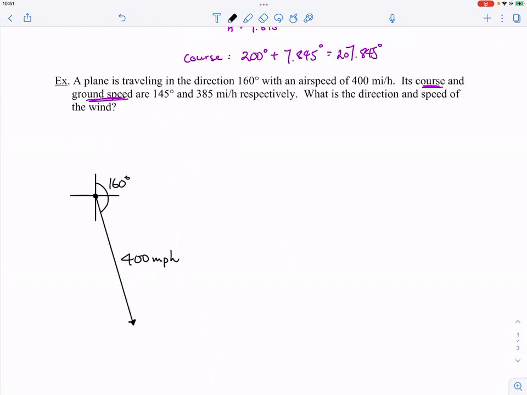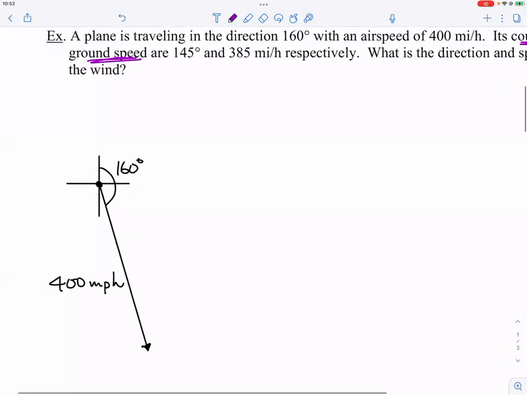And then the actual ground speed is 145. So let me use a purple for the ground. Ground speed is 145 degrees and 385 miles per hour. So something like this, I would say. All right, so this is 385 miles per hour.